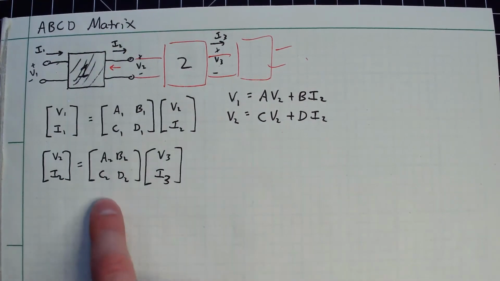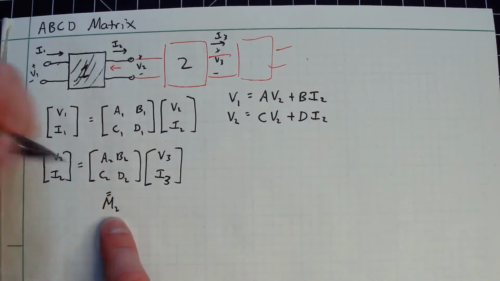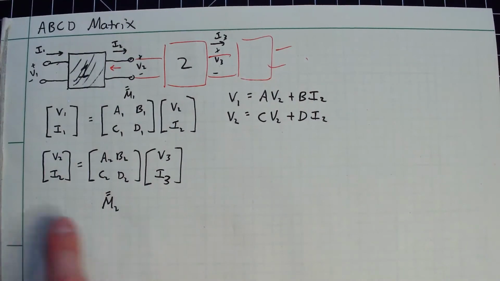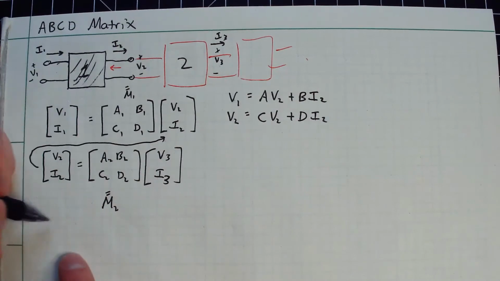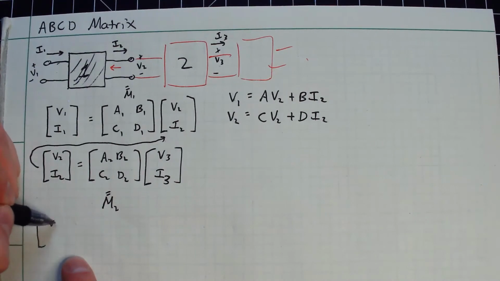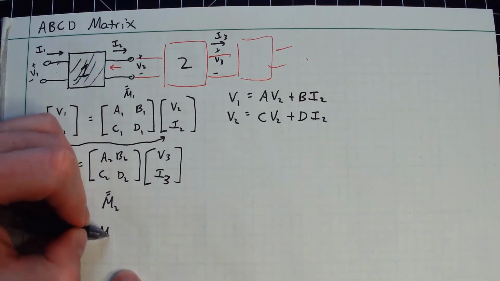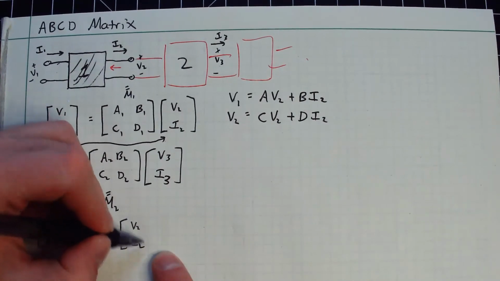So for simplicity, let's just call this matrix here M2 right here, and this one here was M1, like that. So what I'm going to do is basically just substitute this over to here, and you'll notice something interesting happens. I get V1, I1 is equal to M1 times V2, I2.